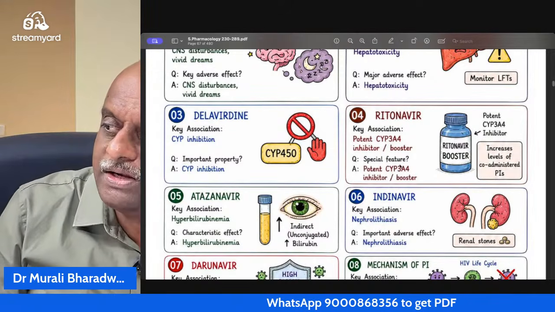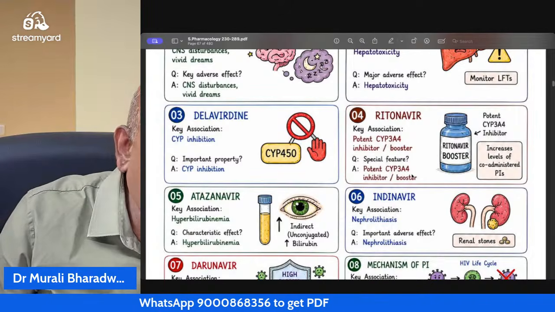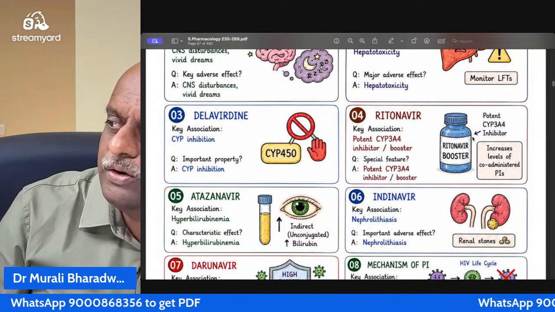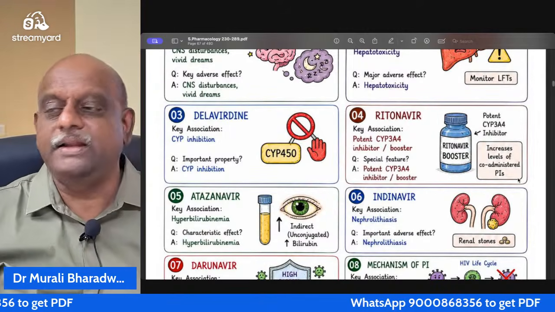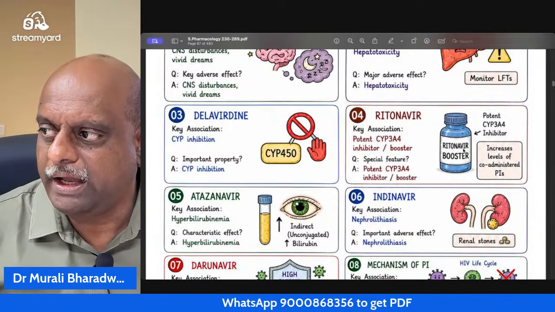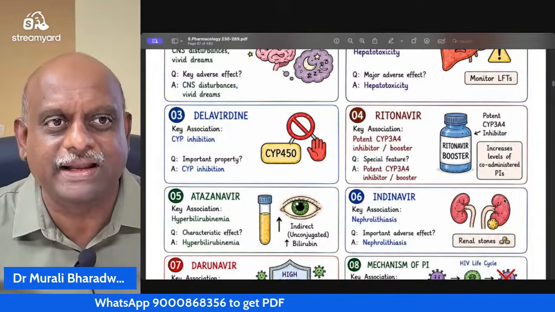Because protease inhibitors are metabolized by CYP3A4, because ritonavir inhibits it, the protease inhibitor levels increase when you combine with ritonavir. That is a specialty. I mean, indirectly, it is causing the other PIs' levels to increase.